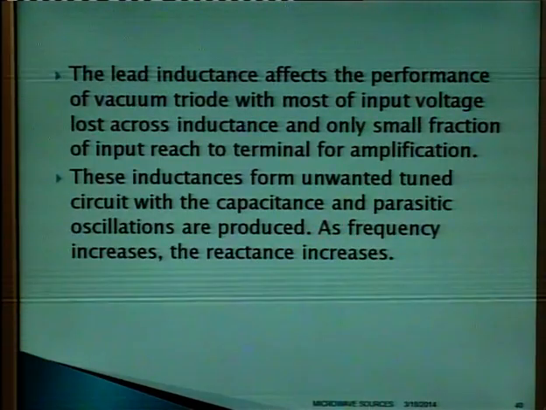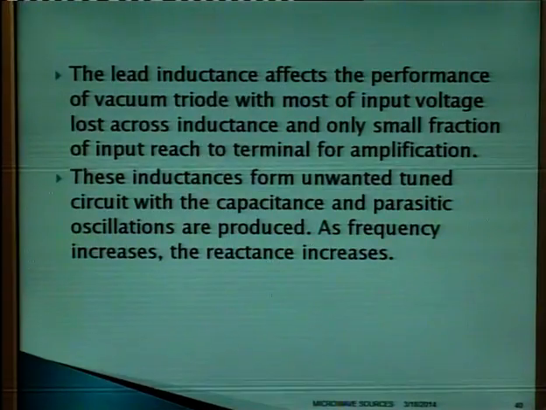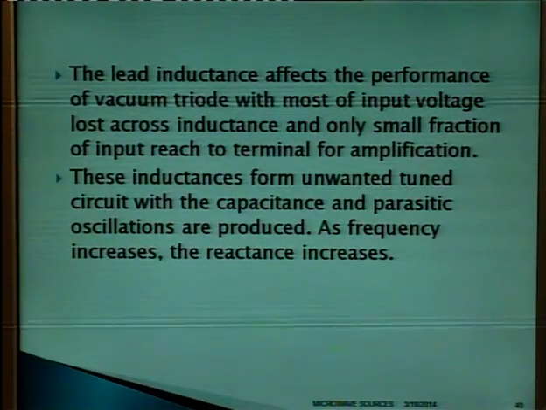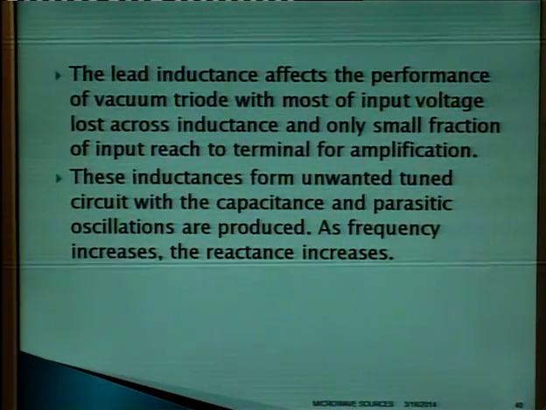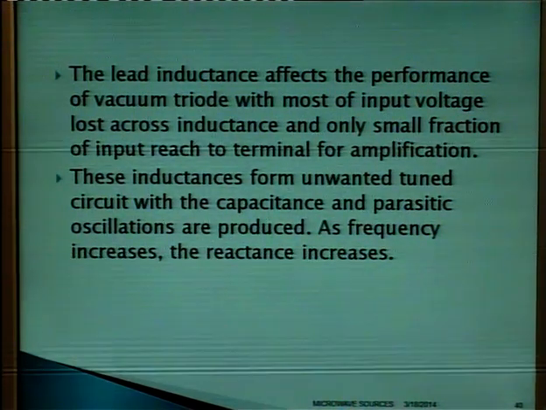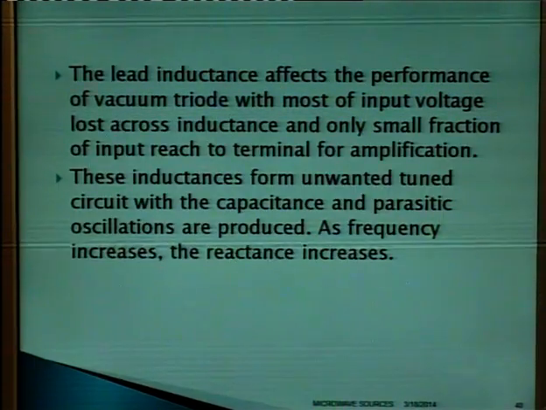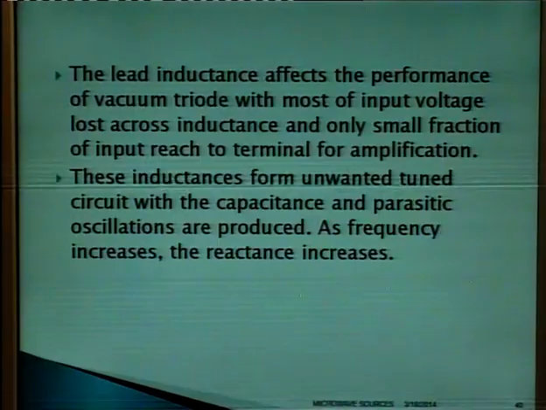So, it is a disadvantage because our overall gain will reduce. These inductances form an unwanted tuned circuit with the capacitance, and parasitic oscillations are produced, and as the frequency increases, this inductive reactance will increase.